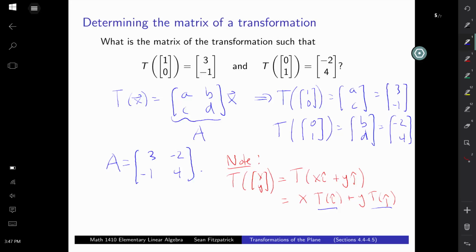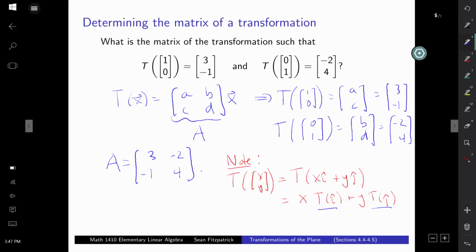So there are two ways that you can compute. If you have another vector that you want to compute the value of t on, either you can, if you know the value on 1, 0 and 0, 1, reconstruct the matrix and use the matrix to calculate the value of t on some other vector, or you can appeal directly to the properties. You can simply push t through as we've done here and calculate it that way.